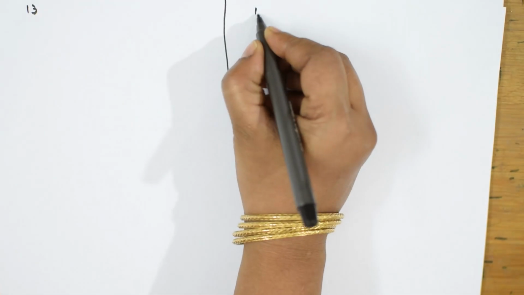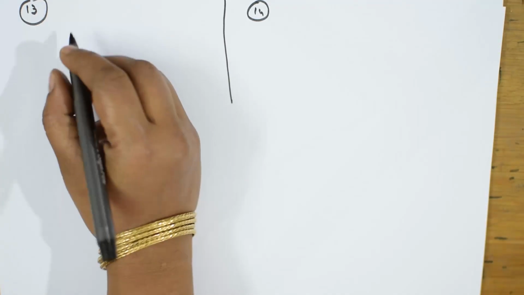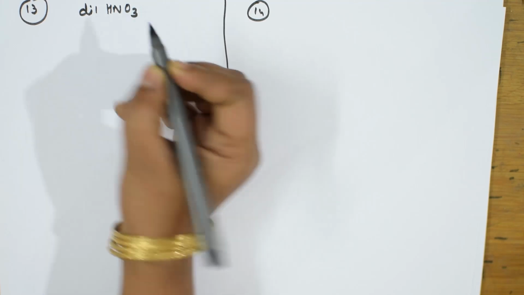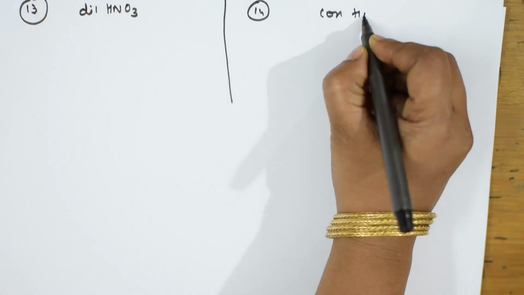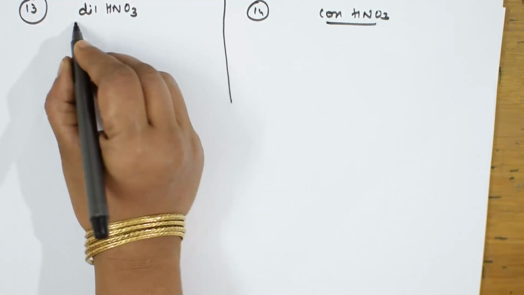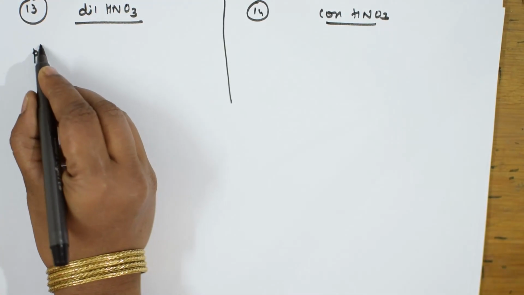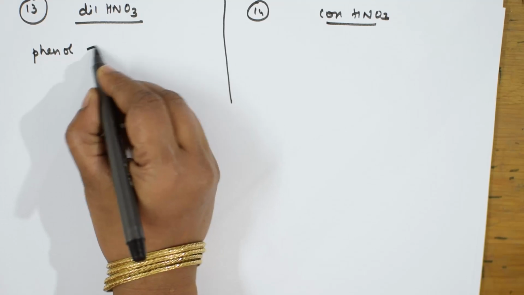Now let's see one more. Suppose in the exam paper, let me take 13 and let me take 14 also here. So in the reaction, if you have dilute HNO3, what will happen? If it is concentrated HNO3, what will happen? Done. If it is dilute HNO3, remember, simple, dilute HNO3 converts phenol into two products.